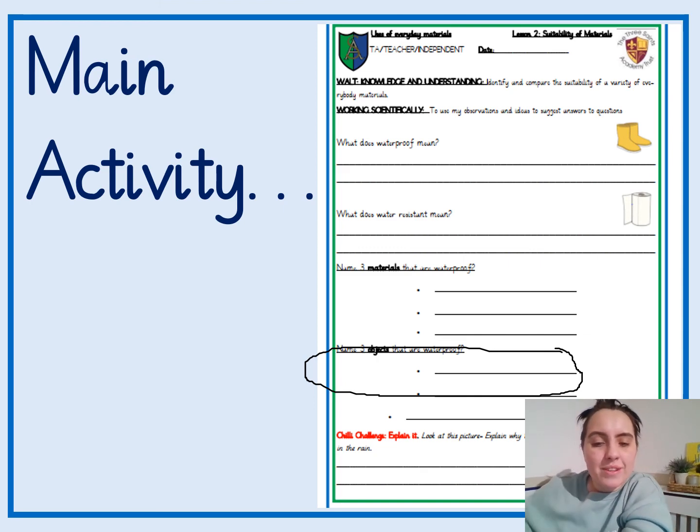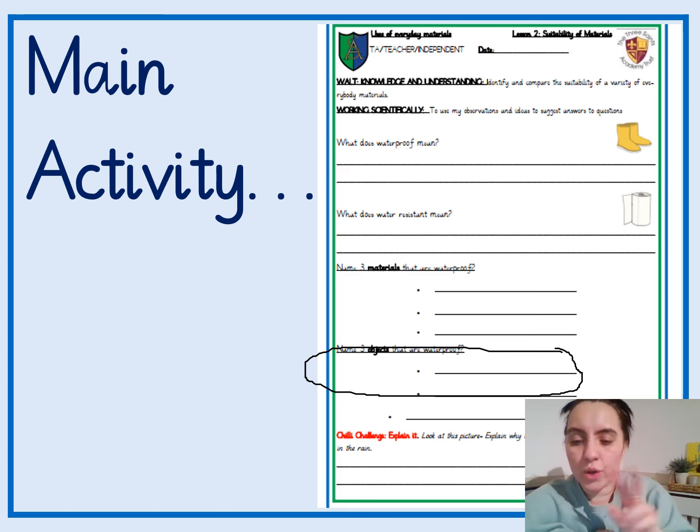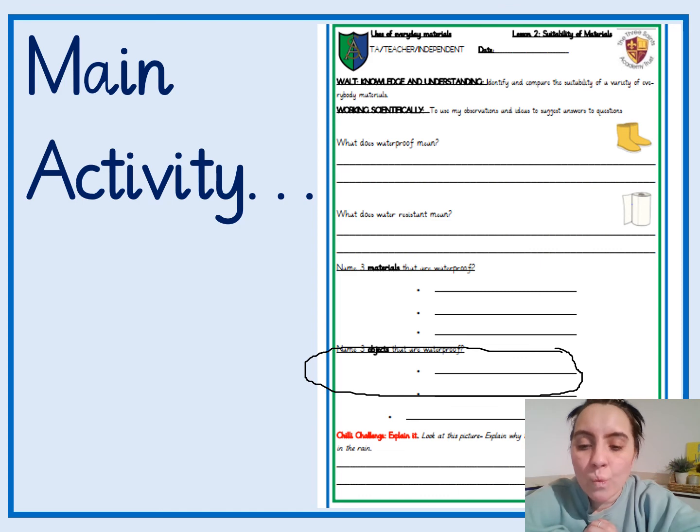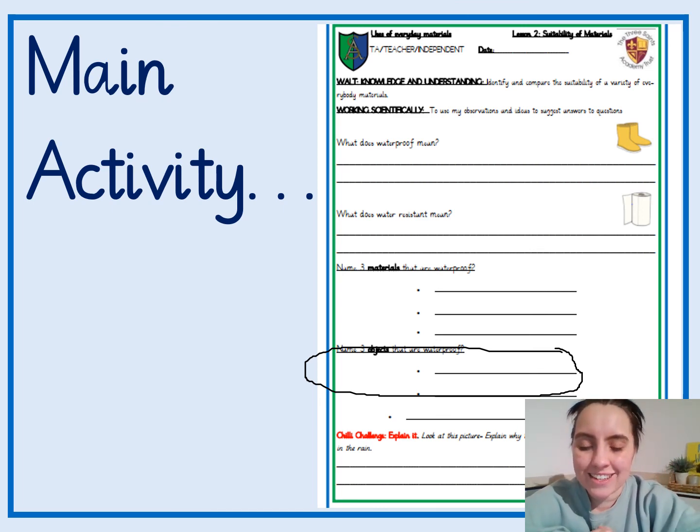I would like you to name 3 objects that are waterproof. I'm going to give you your first one now, so you can magpie one of my ideas and then you'll only have 2 to find, or you can think of 3 of your own. Mine is going to match my material, and remember I chose glass, so my object is a window, okay? So remember, you're writing 3 materials first and then you're writing 3 objects second, okay?